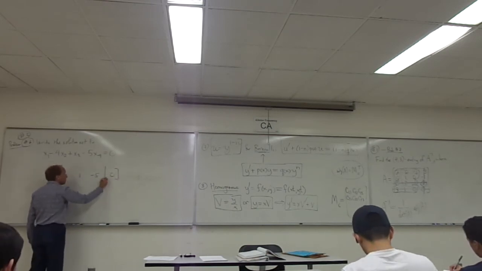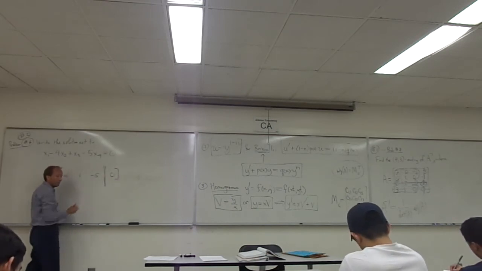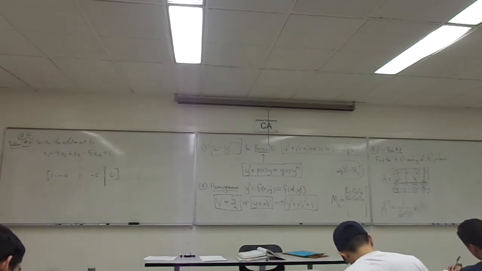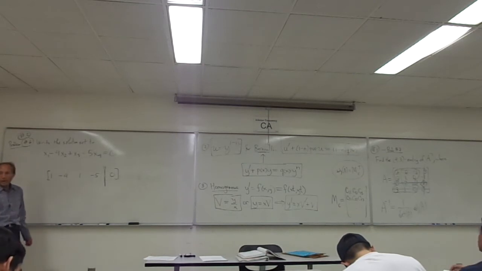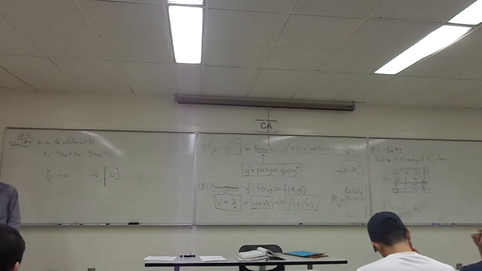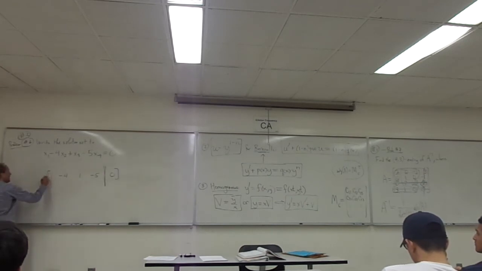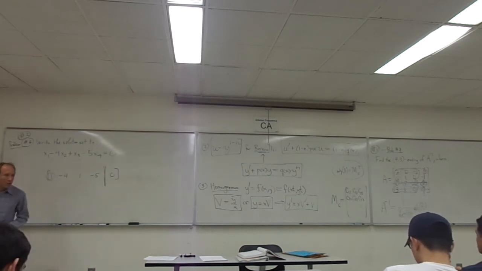Please be sure to put this bar there in your notation so that it's clear what we have. And then what you would normally do is row reduce the matrix, but you see it's already in row echelon form. There's really not much else you can do.